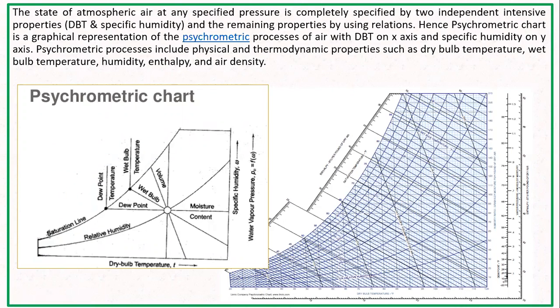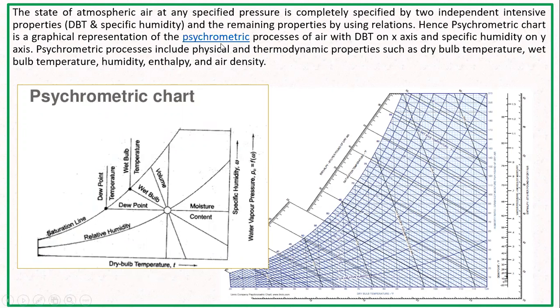Next, we'll see what is psychrometric chart. Normally, atmospheric air at any specified pressure can be completely described using only two independent properties. Independent means independent of the mass, that is, intensive properties. Those two are dry bulb temperature and specific humidity.